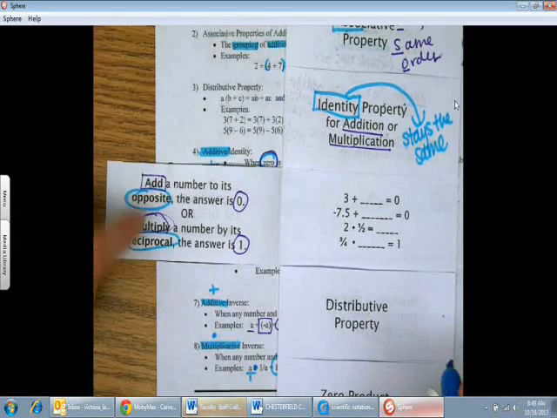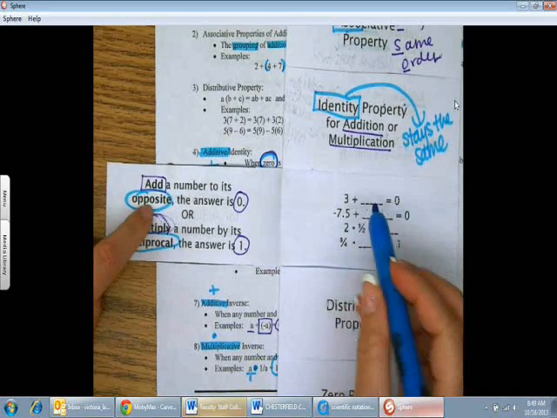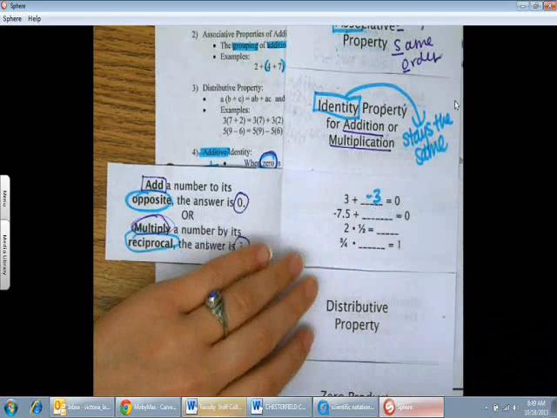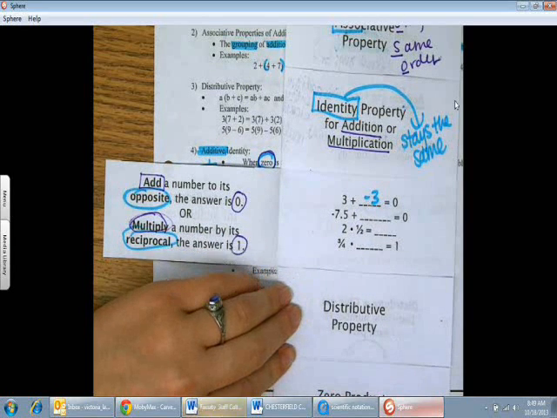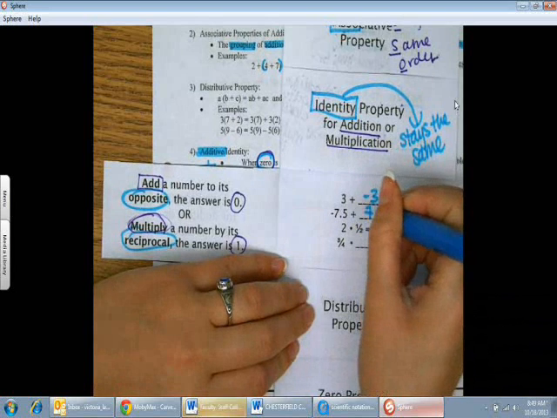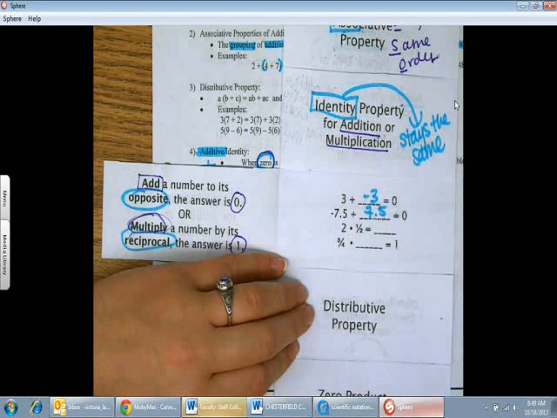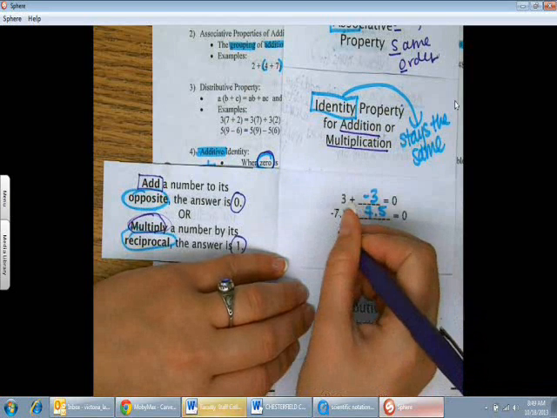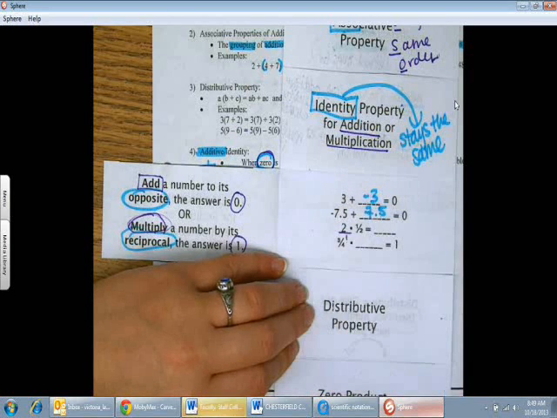Now remember, when I'm adding, I have to add the opposite. So the opposite of 3 is negative 3, and I'll get 0. The opposite of negative 7.5 is positive 7.5, and I'll get 0. Here we did 2 over 1 times 1 over 2 is equal to 1.